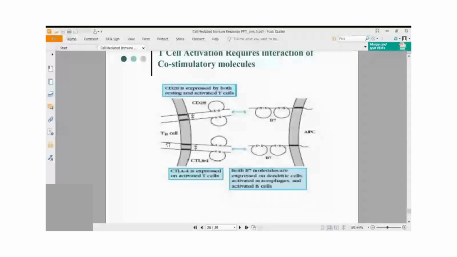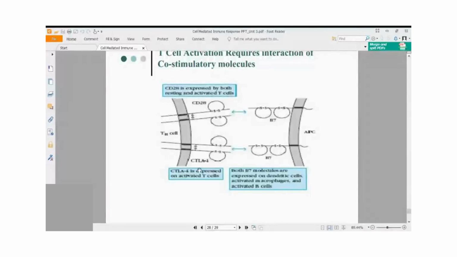Once it establishes the contact with that, it will switch on suppression, and that interaction is 100-fold stronger than the interaction of B7.1. And because of that interaction, it will produce a strong signal inside the T cell to show the suppression of the immune activity.